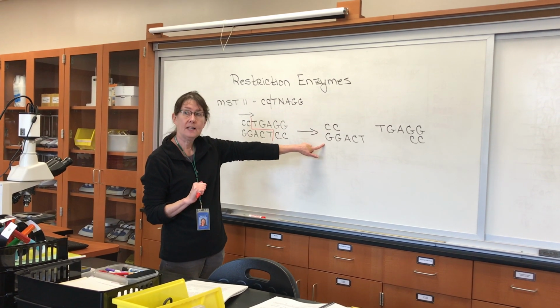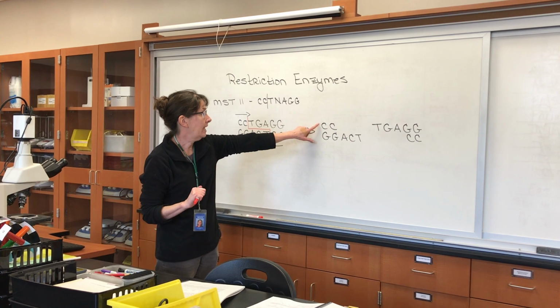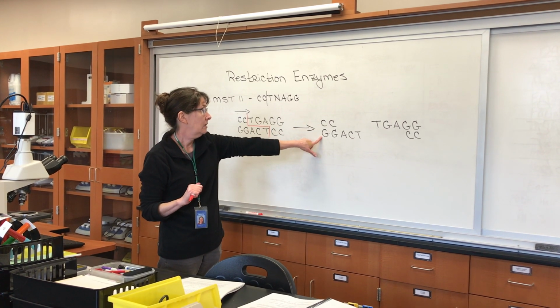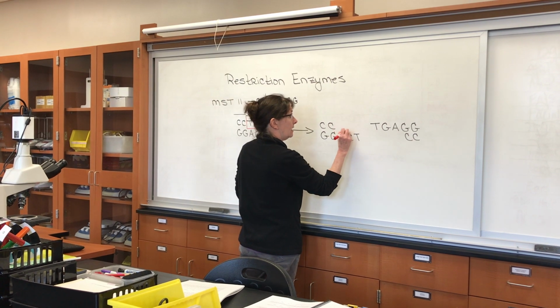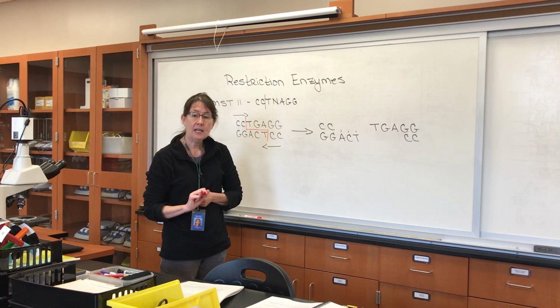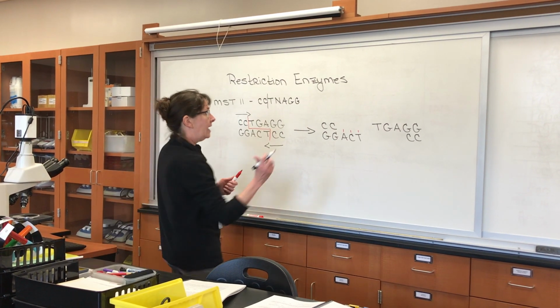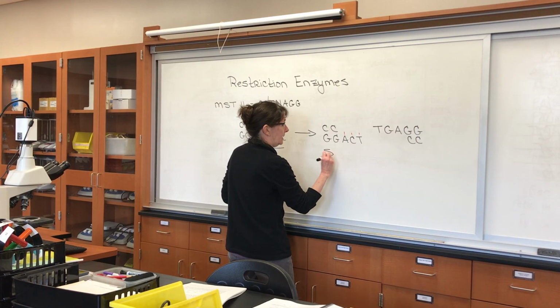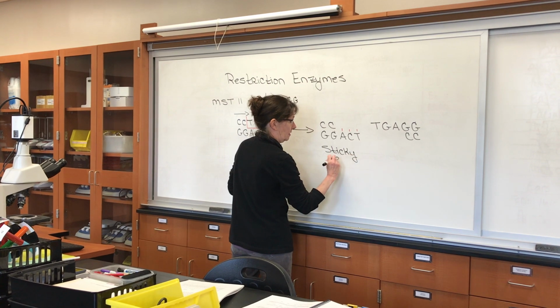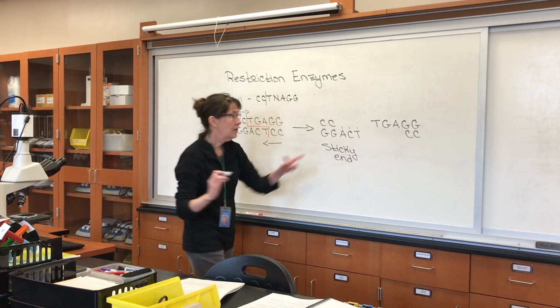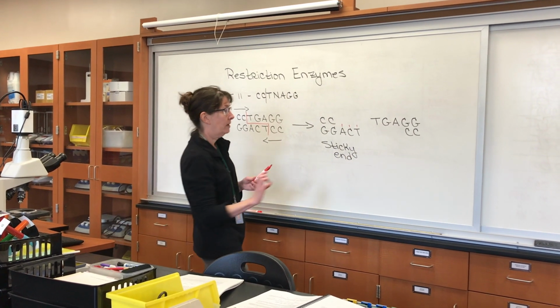Notice, however, it's uneven. This strand, the two C's are bonded to the two G's, but our A, C, and T are not bonded to anything. That is what we call a sticky end. And notice our second strand that we've cut.